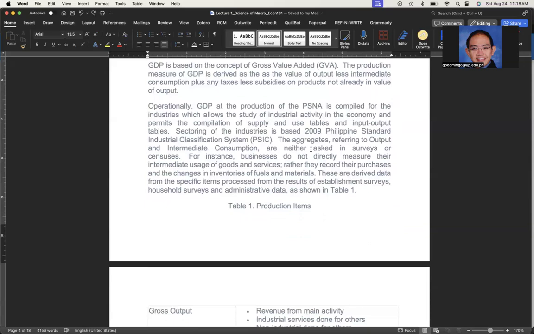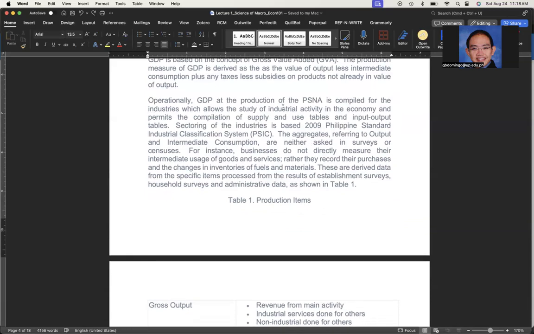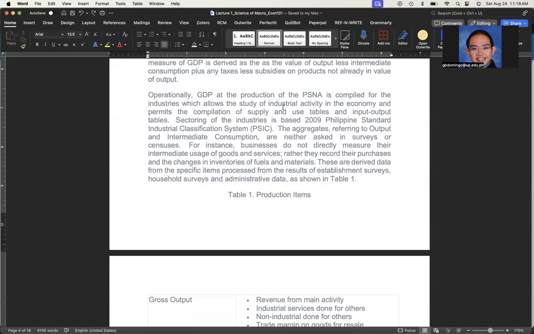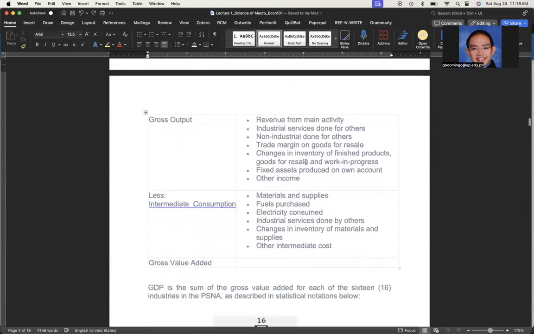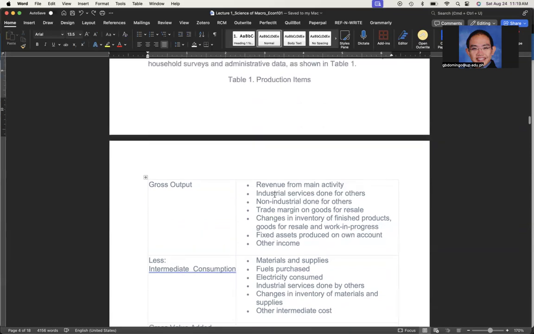So GDP is based on this concept of gross value added. And here are some ways for them to track using surveys what the gross output is. And this is what they subtract from it. And this is what is considered as intermediate consumption.